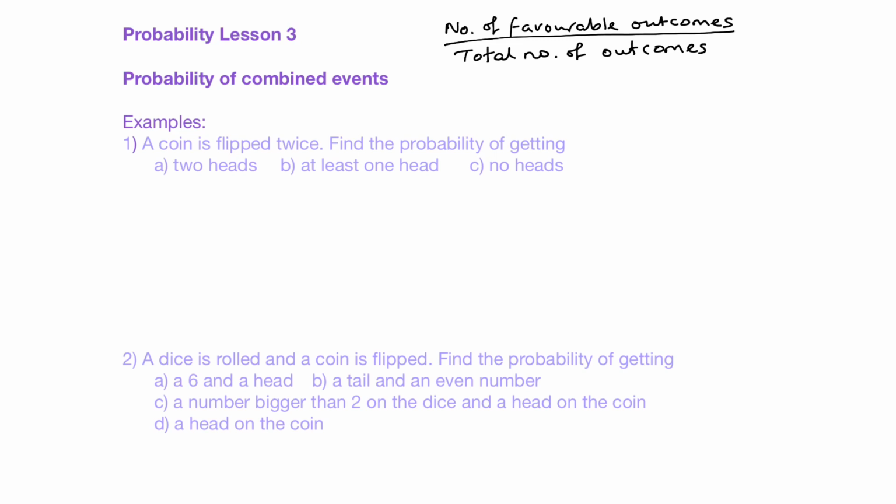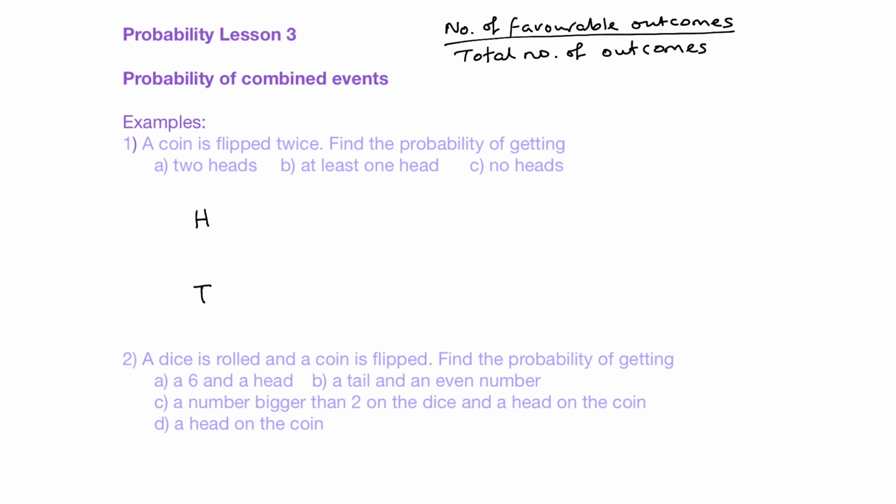Okay, so to be able to do this, we need to work out how many different things can happen. When we flip the first coin, we either get a head or a tail. When we flip the second coin, we either get a head or a tail.